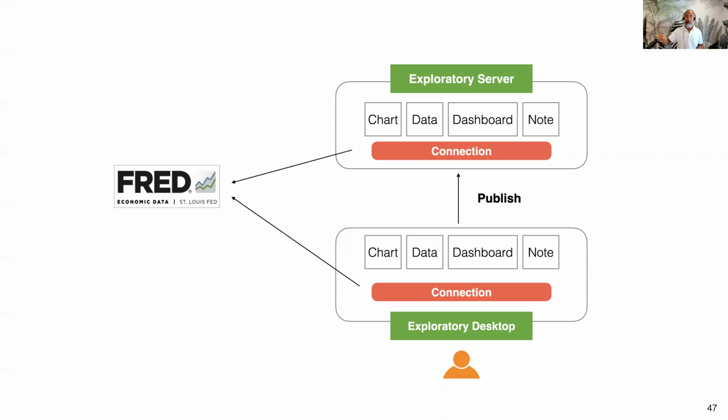Therefore, when you schedule it, the Exploratory server will kick off the chart that might have data wrangling steps and all that stuff. It will do that automatically, but it also needs to get the latest data from FRED. At that time, it will use your connection, then download the data, and then do all sorts of things necessary to generate that chart.